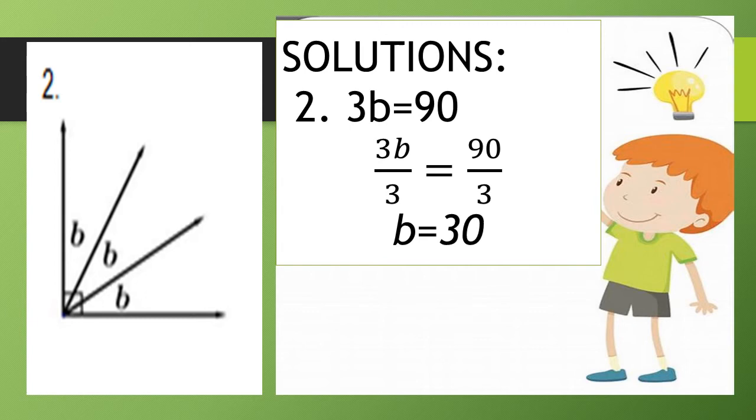Now 3 divided by 3 is 1, so what is left on the left side is b. Then 90 divided by 3 is equal to 30 degrees. So every b is equal to 30 degrees. The first b is 30, the second b is 30, and the third b is 30. So the total measurement of these angles is 90 degrees.